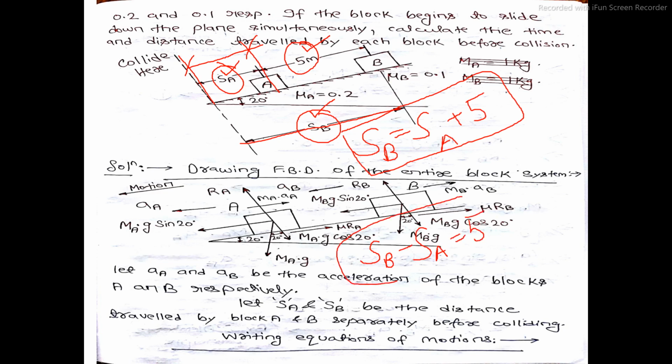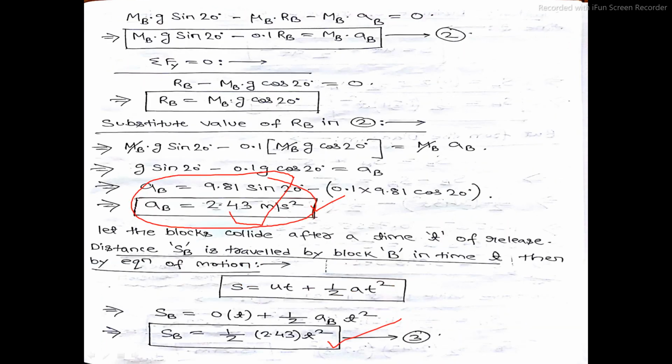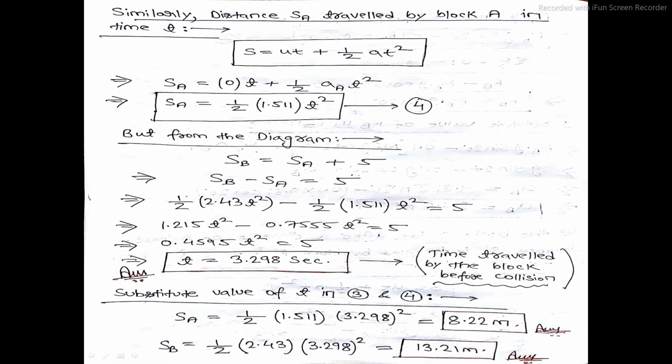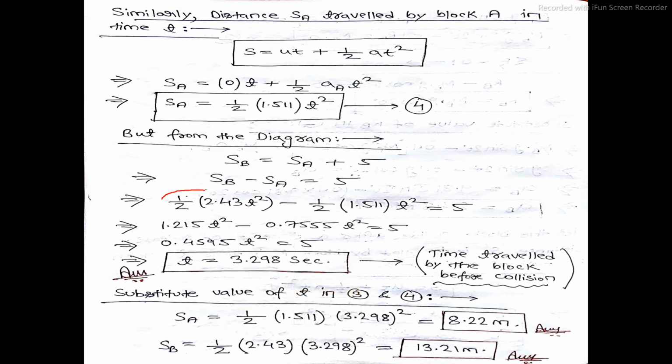Now in this equation, let us substitute the values of SB and SA. The value of SB is half times 2.43 into T square, and the value of SA is half times 1.511 into T square. So substituting, we get half times 2.43 into T square minus half times 1.511 into T square is equal to 5.